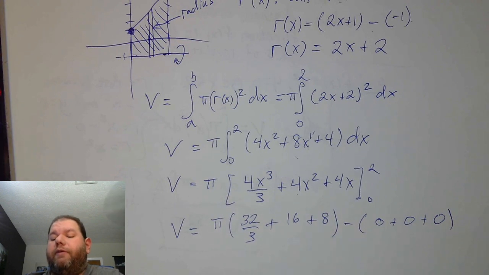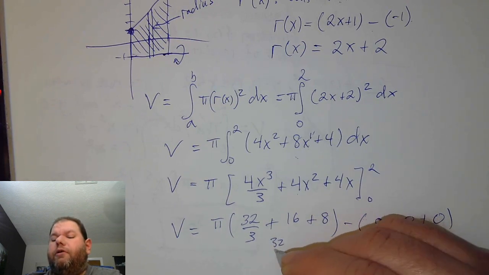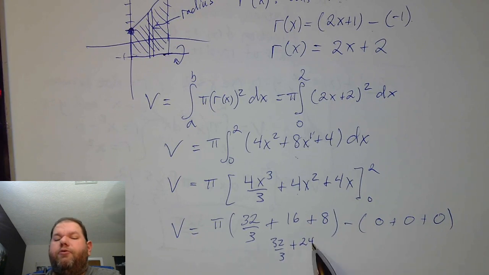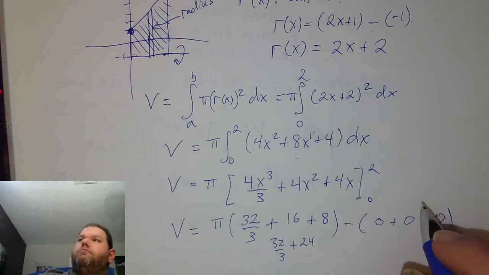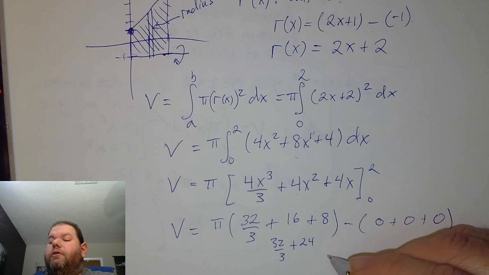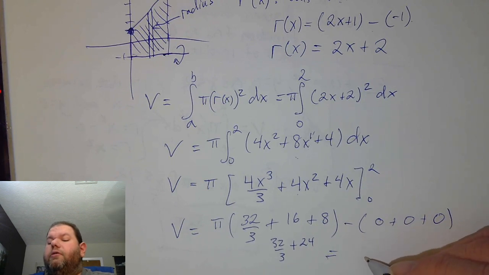But we look at what we have left over here, 32 thirds plus 24. So that'll be 3 times 24 is 72, plus 32 is 104 over 3. Is that right? 72 and 32 is 104, yeah. 104 pi over 3.